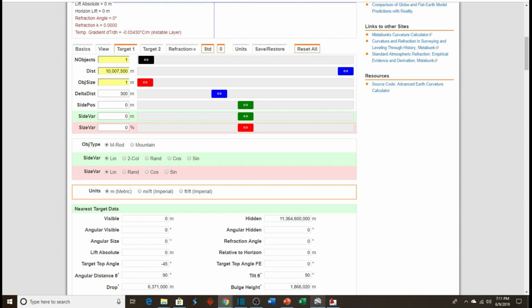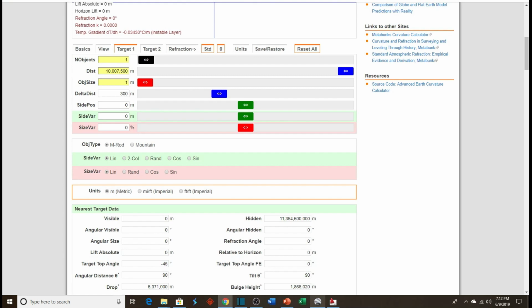So you have to take 6,378,000, whatever number I had, times 2 times pi, and then divide by 4. And you'll end up with 10,007,500 meters. If we did that in miles, it's 6,218.4 miles. That's a fourth of the circumference of the earth at the equator. Okay.